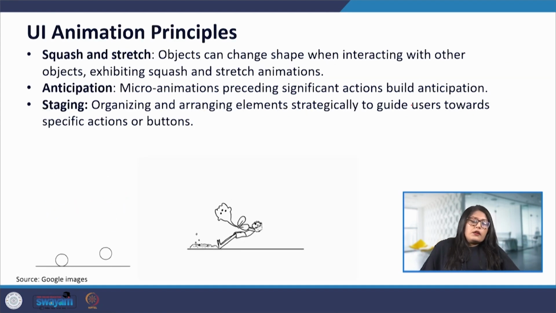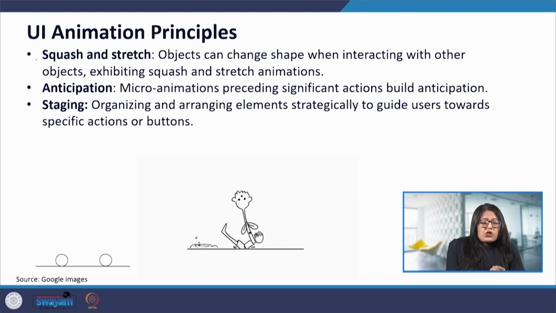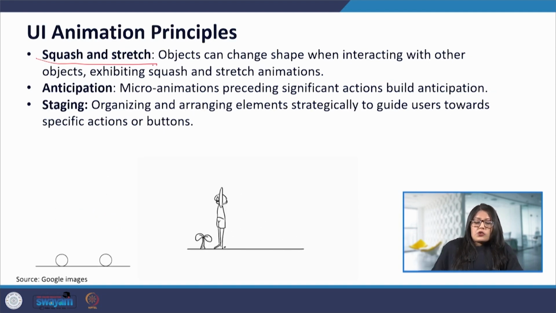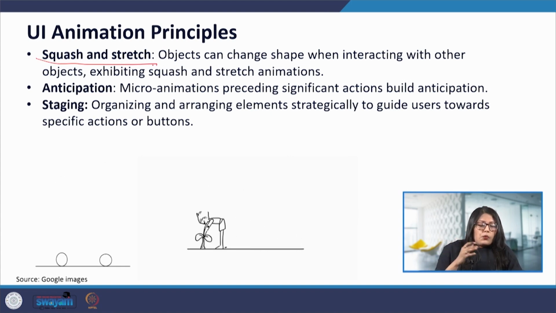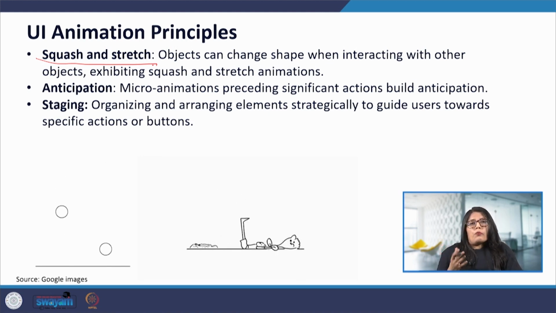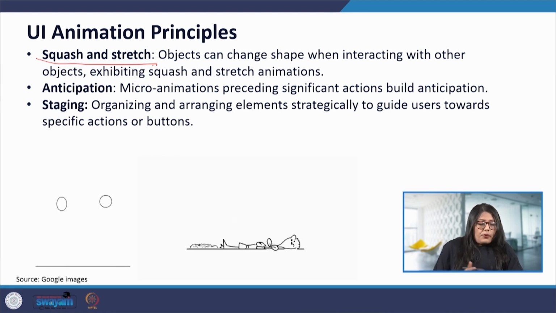Now, certain UI animation principles like squash and stretch: objects change their shape when they are interacting with other objects, like this ball is bouncing. It is not changing its form, it is getting squashed, but it is again springing up. Or anticipation.